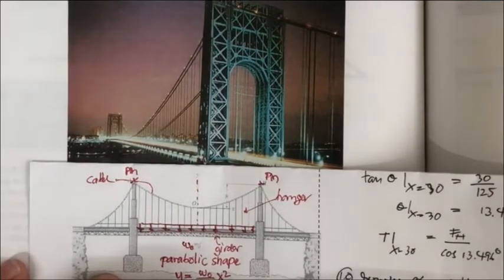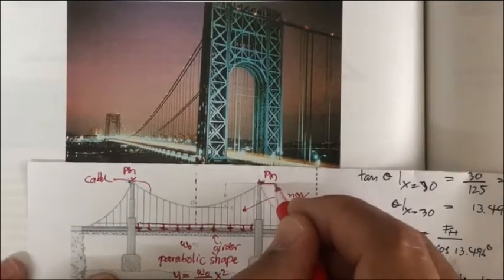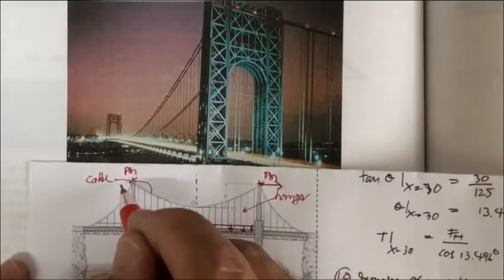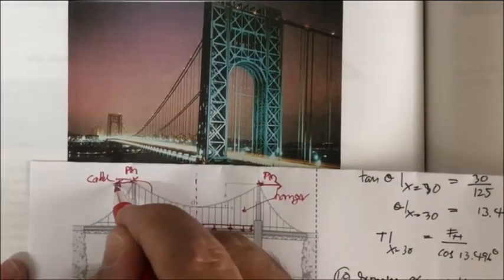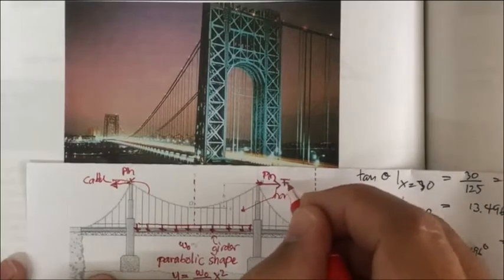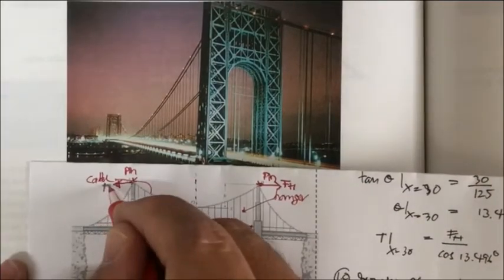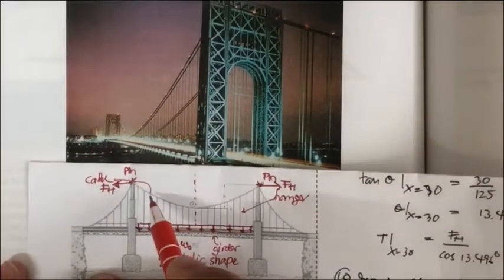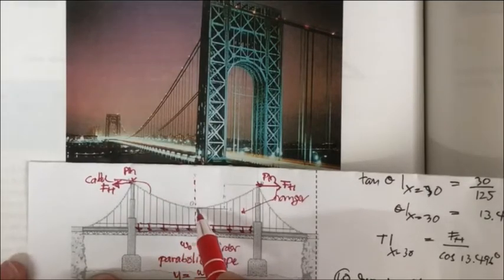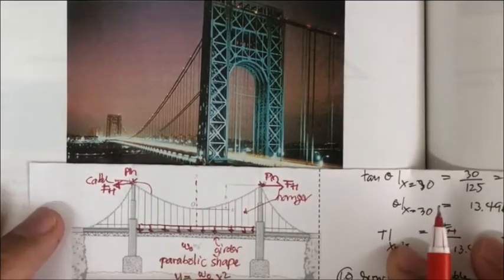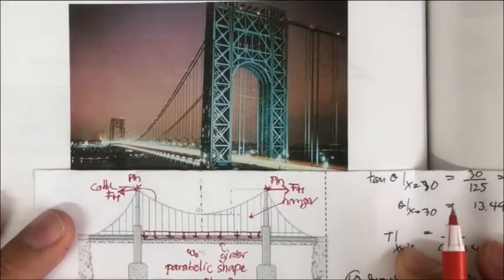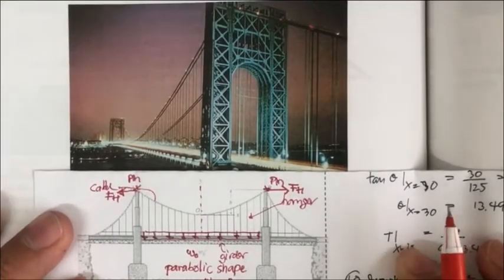What is the horizontal force? The horizontal force is the force that acts horizontally, and it is usually equal at every point that you consider in the cable. We have it in the lecture already.